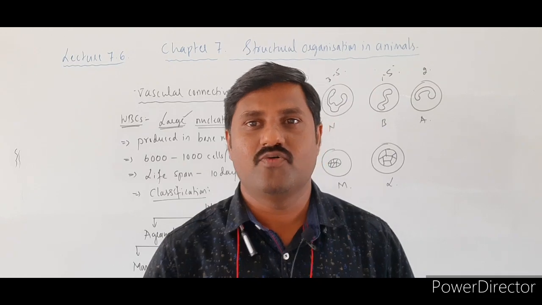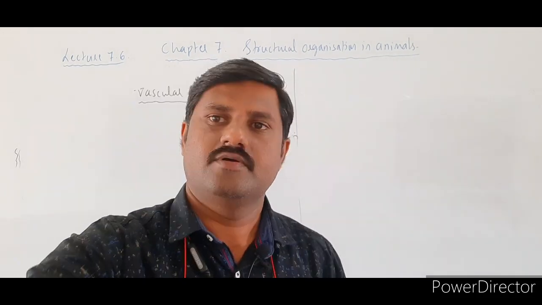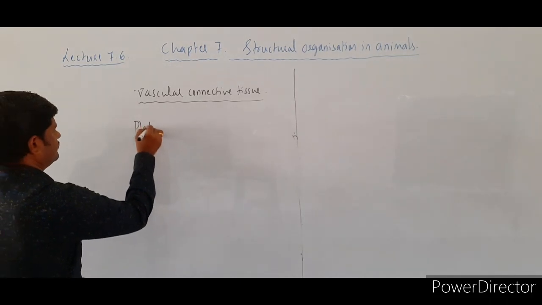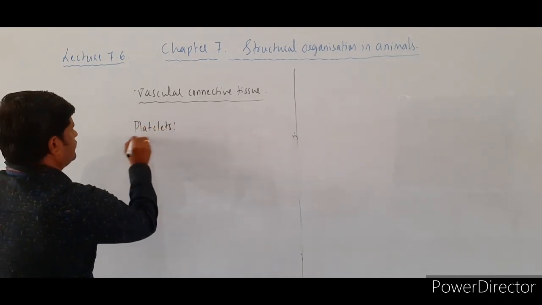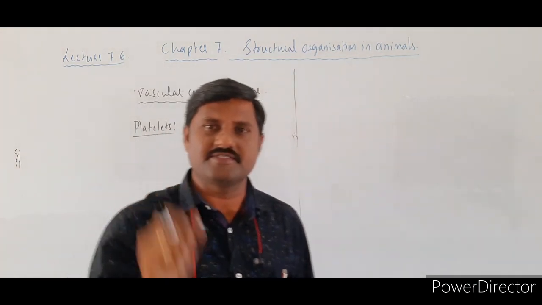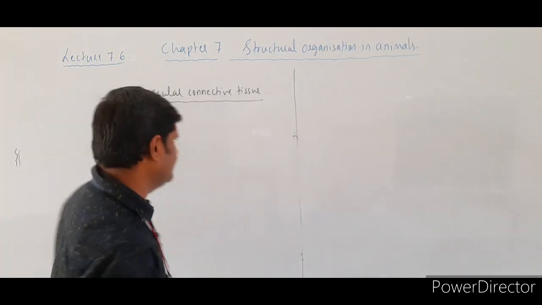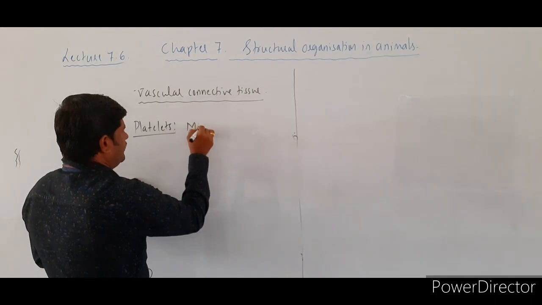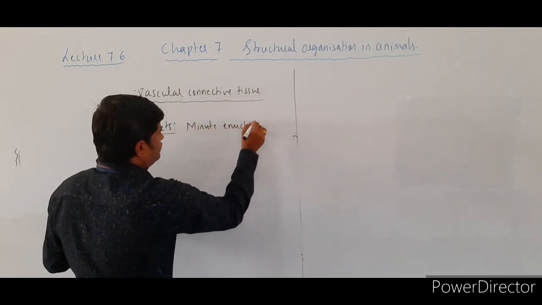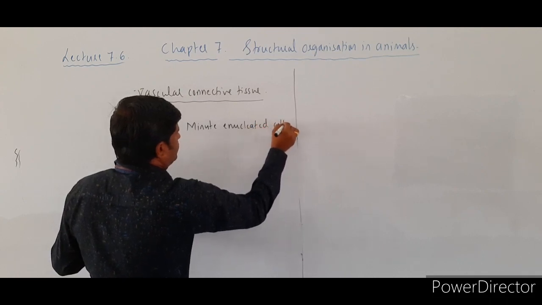Let us see what platelets are. The next one is platelets. These are minute, enucleated cells.